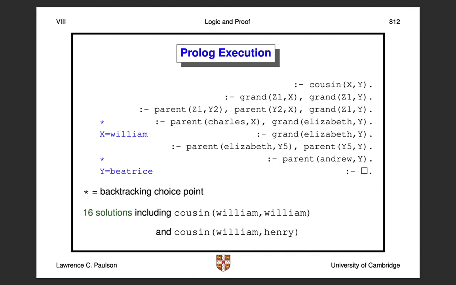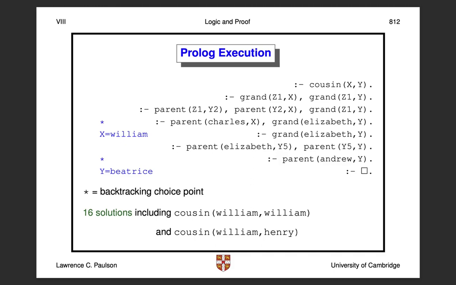indicates a choice point. So I chose parent Elizabeth Charles, but there were many other things I could have chosen. I could have chosen, in fact, parent Charles William here, but that would have given me a dead end because, in fact, Charles was not a grandparent at the time when I made these slides, and therefore the time that is described by these slides.